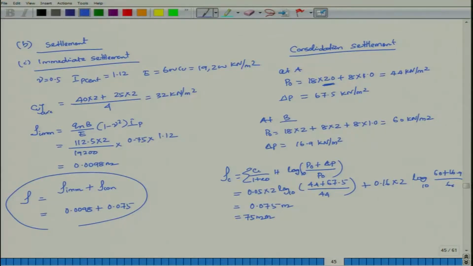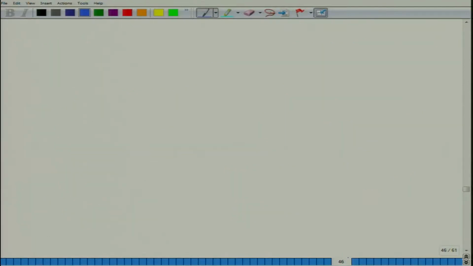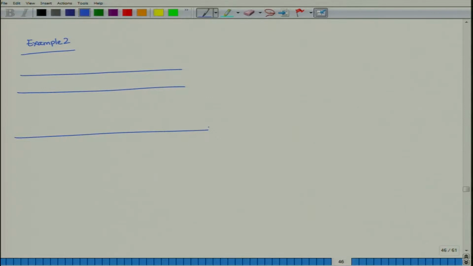This is the calculation of your bearing capacity. Next, example 2, this is what is given. This is your 0, this is 2, this is your 12 meter, and there is a footing here.